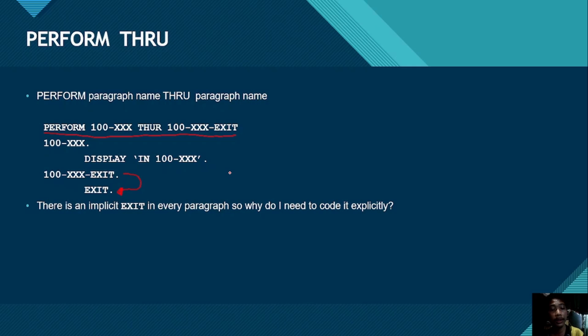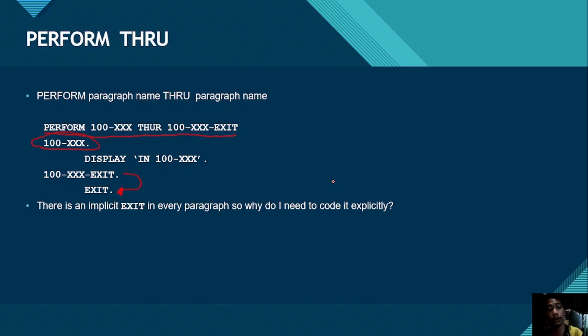So instead of rewriting the exit in every function or perform, instead of writing each exit on it, why not use a function that would directly exit it? So that is an implicit exit in every paragraph. So why do I need to code it explicitly?